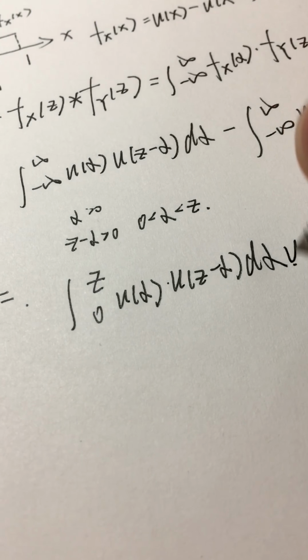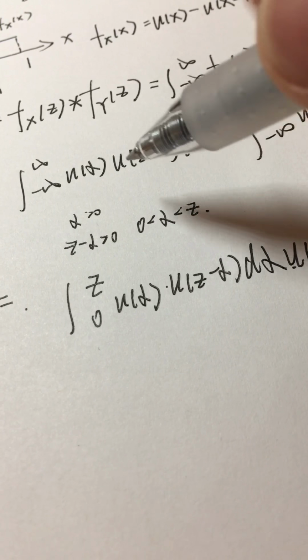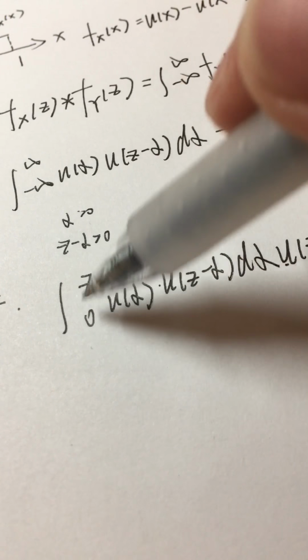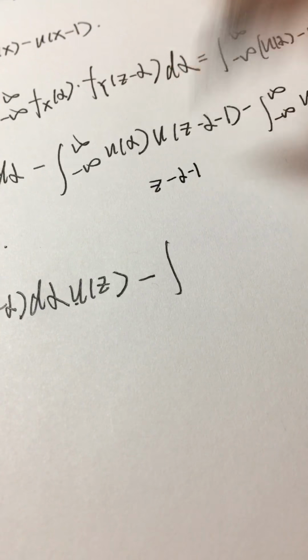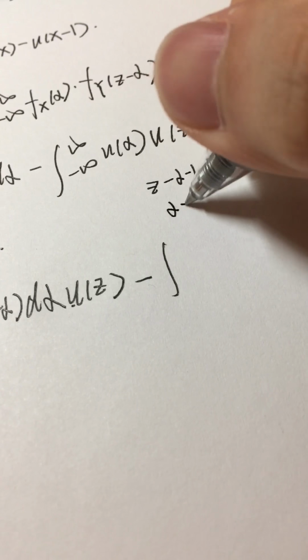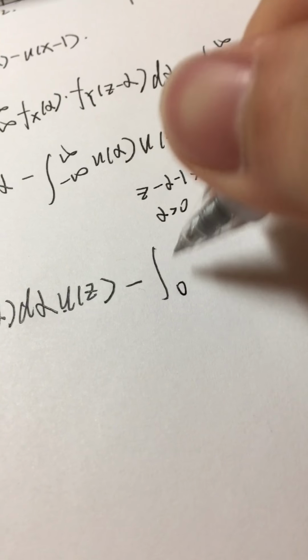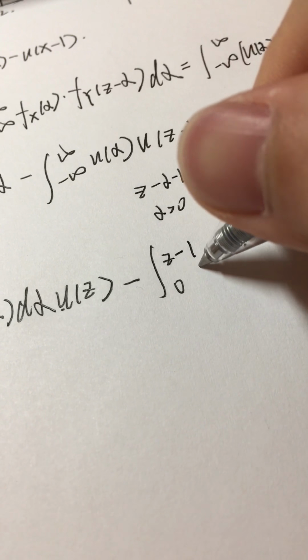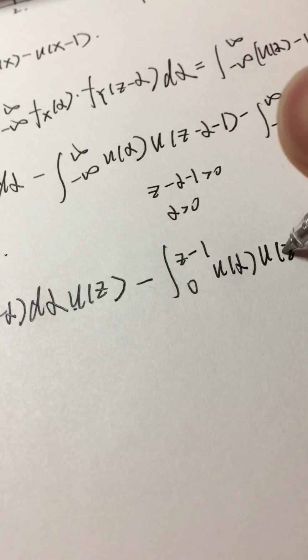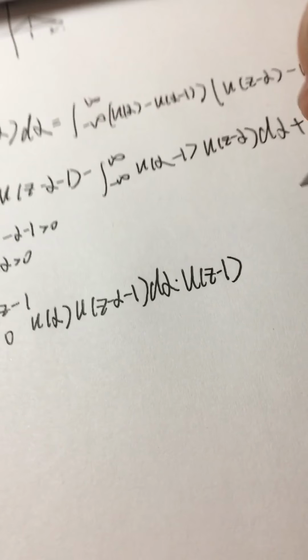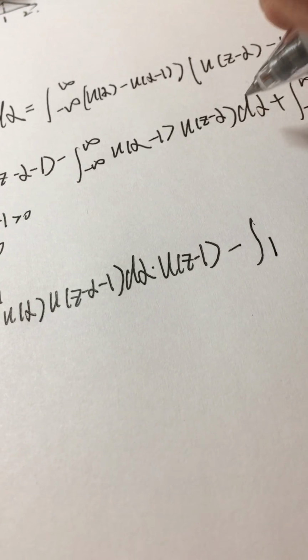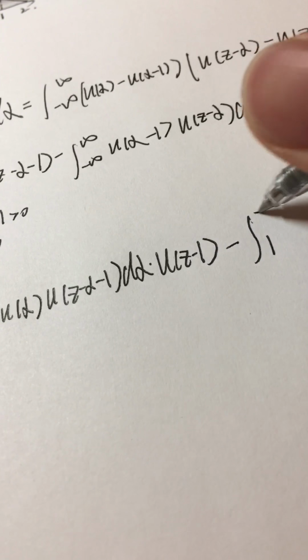And when z is greater than 0, we can write u(z), and it's all the same, z minus alpha minus 1. So alpha is between 0 and z minus 1. Multiply z. The integral from 1 to z.